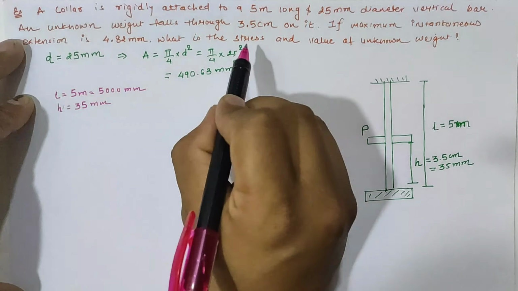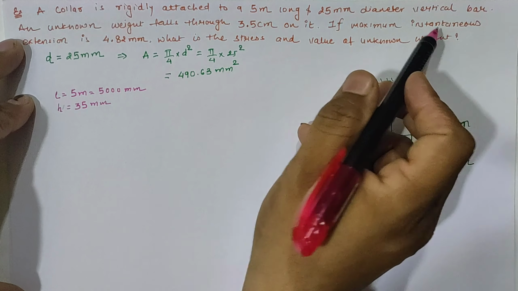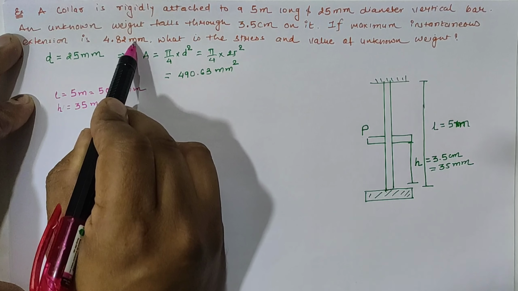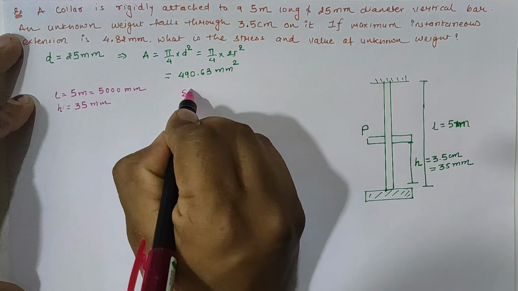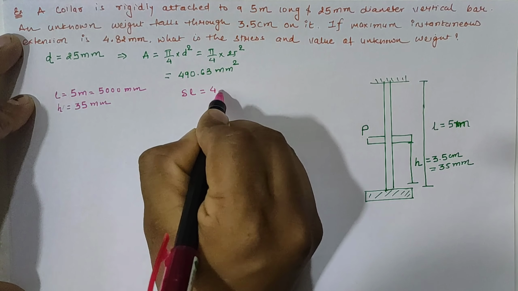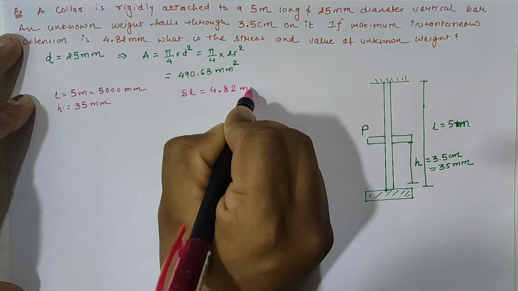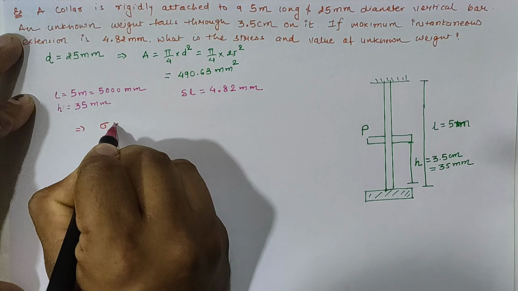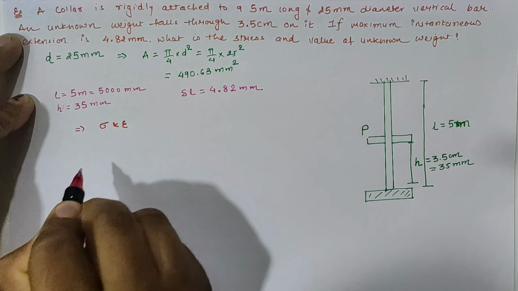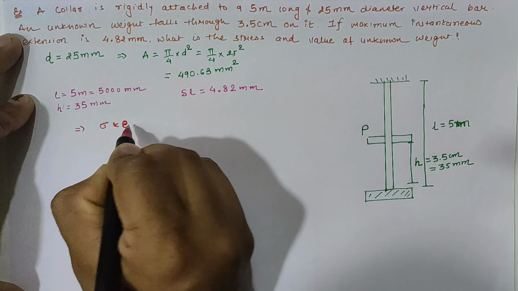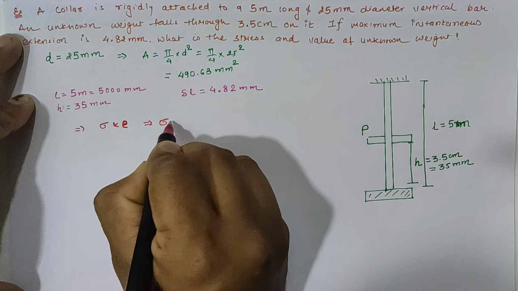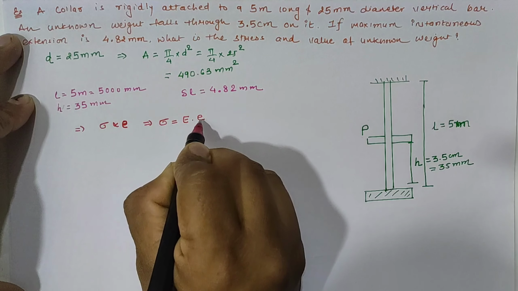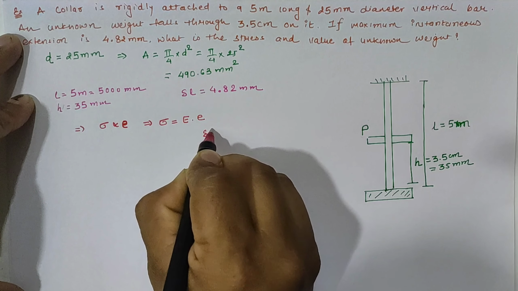Now we have the maximum instantaneous extension as 4.82, which means delta L is 4.82. First of all, we know that stress is directly proportional to strain, or small e, where the proportionality constant is capital E, and small e can be written as delta L by L.